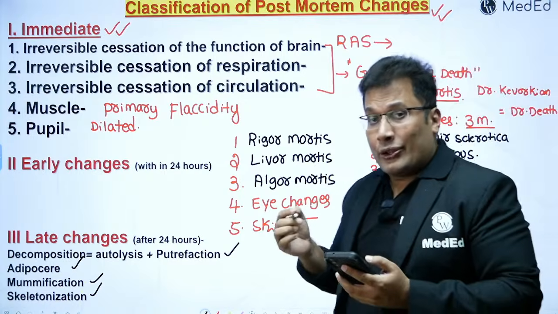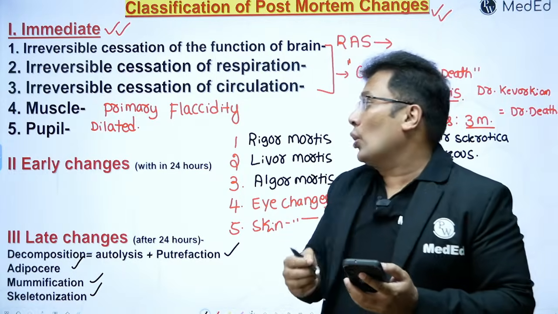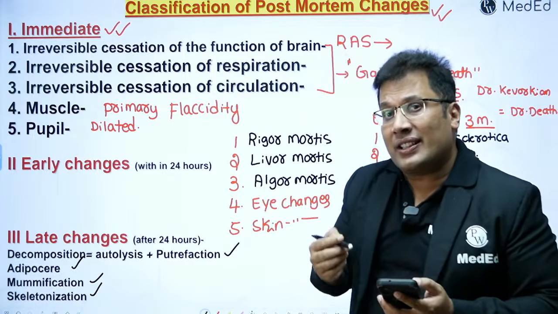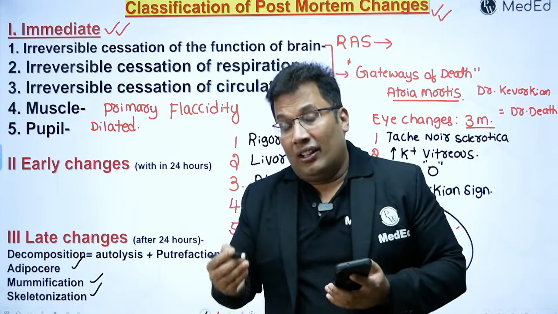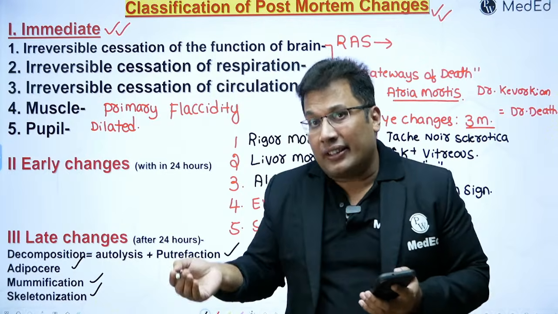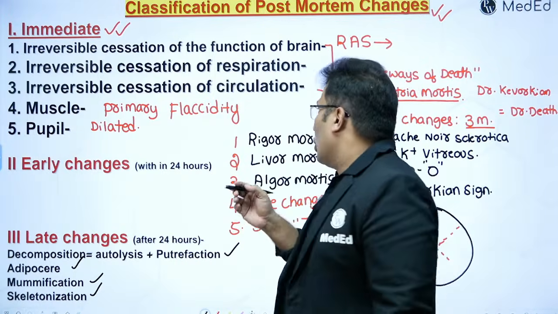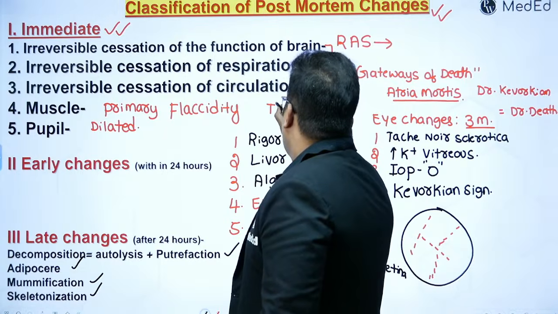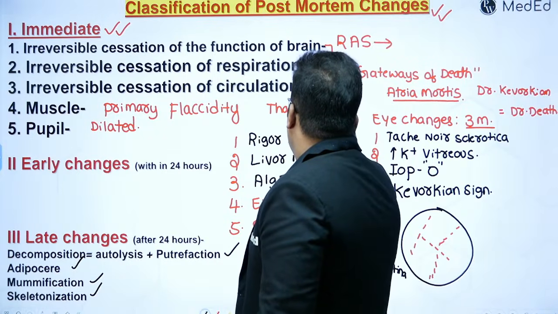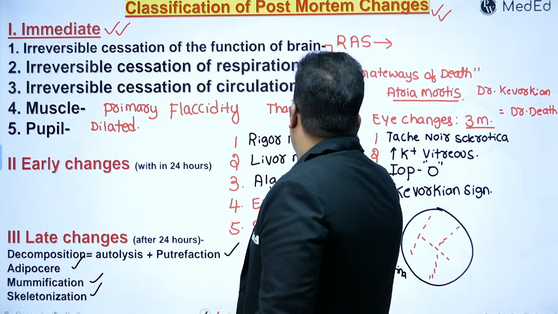Then one more commonly asked question: what is thanatology? Thanatology is the study of death in detail. Thanatos is the Greek god of death. You can write this also in the chat box: Thanatos is equal to Greek god.